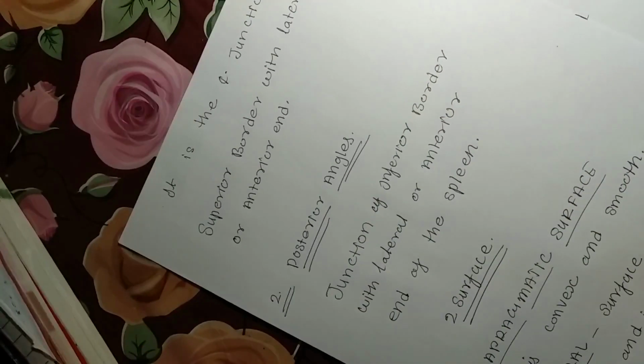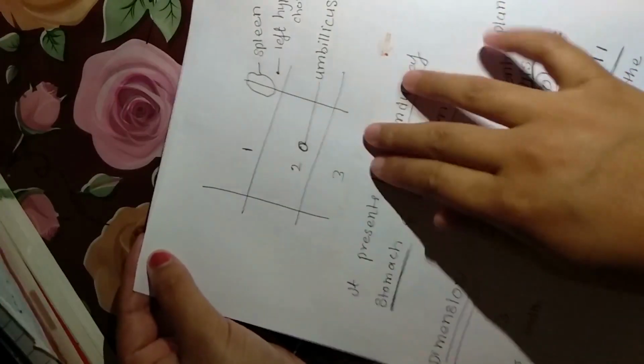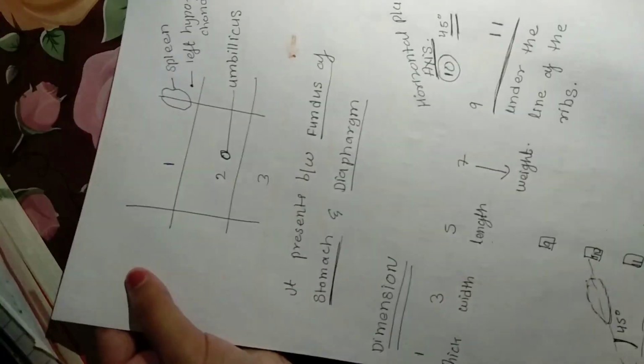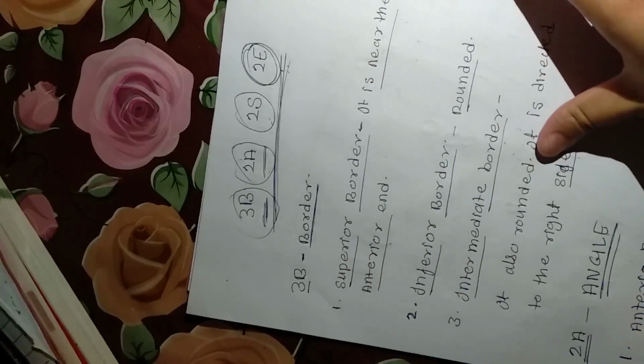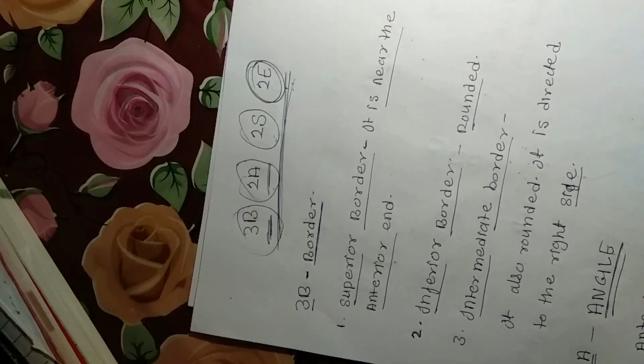We have learned introduction, location, location diagram, dimension, where we just have to remember odd numbers. Then the features, where you just have to remember base and some number like 322.